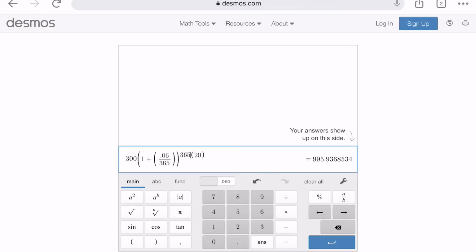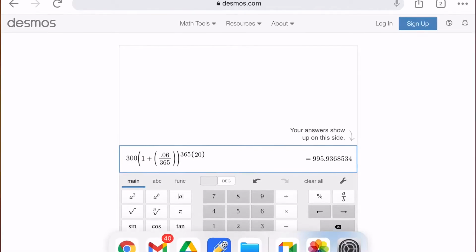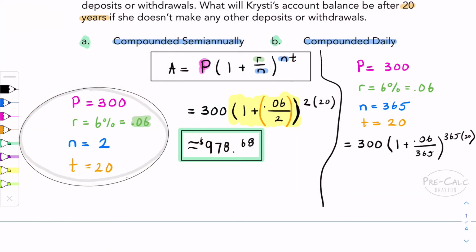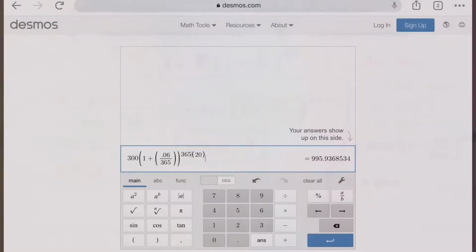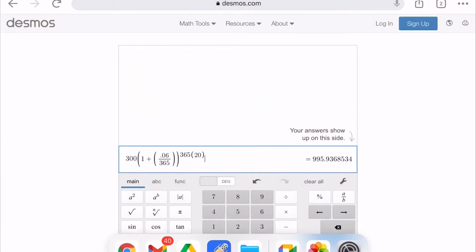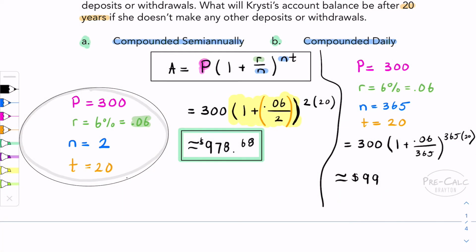That gives me an output of $995.94. So over the course of 20 years with Part B, Christy would earn an additional $695.94.